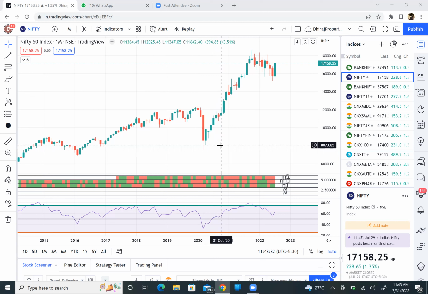Now let's look at the next candle, okay? September candle. Now the September candle is not meeting the three criteria which we are talking about. High was not higher than the high of the previous candle. Low was not higher than the low. Close, but it still did not close below the August low, right?